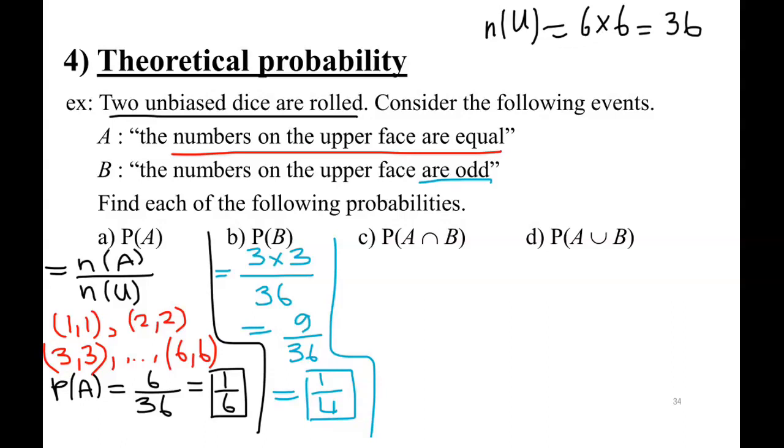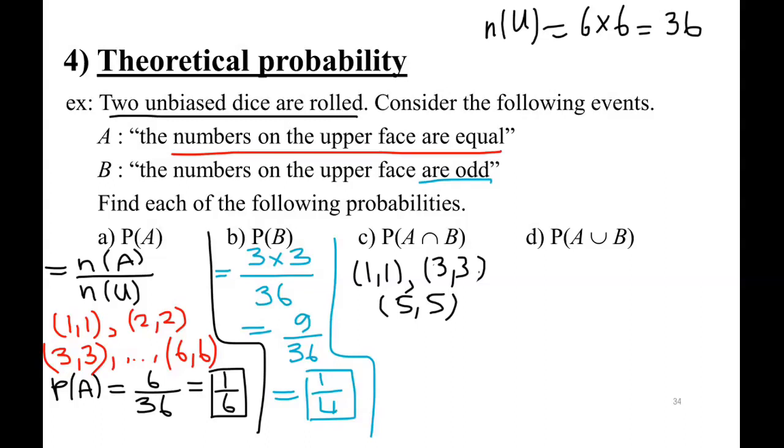Now, for the probability of A inter B. A inter B represents the intersection of events A and B. The intersection of events A and B means that the numbers on the upper face are equal and odd at the same time, which leaves us with 3 possibilities, which are 1 and 1, sorry, that should be 3 and 3, and 5 and 5.